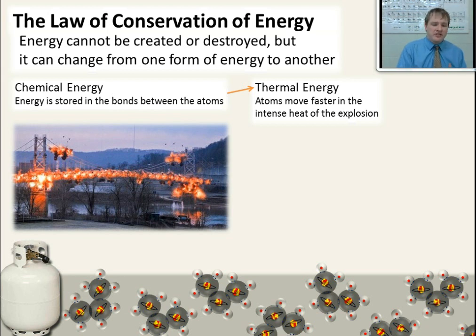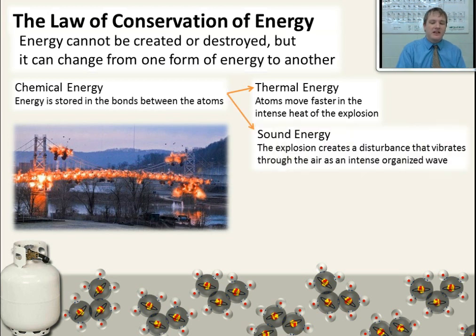Another form of energy that the chemical energy in C4 changes to is sound energy. If you were standing near this bridge, you would notice there was a huge boom as the C4 exploded. And then you could hear all of the resulting sounds as the bridge collapsed. Sound energy is another common form of energy that's produced when energy changes from one form to another.